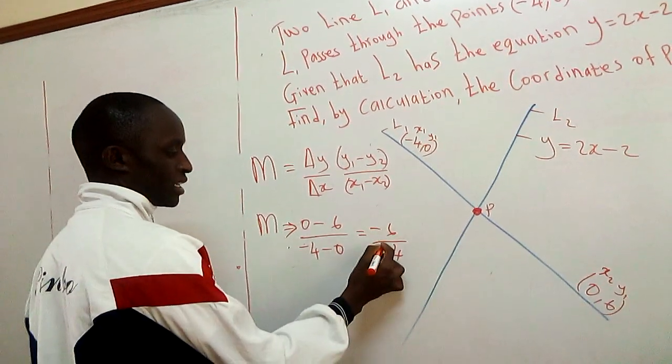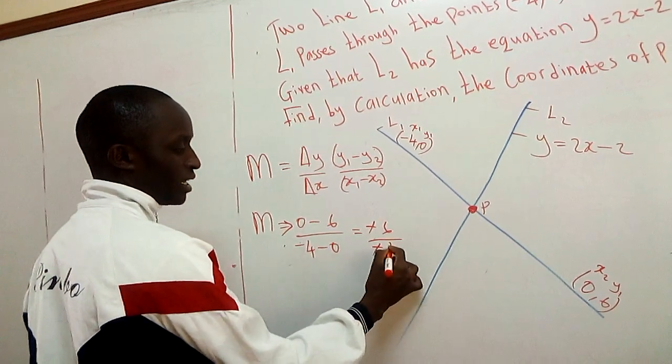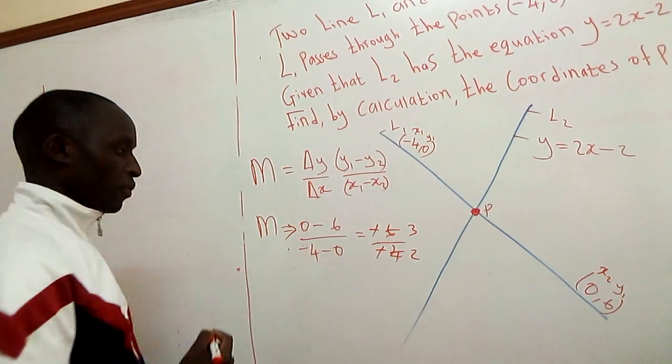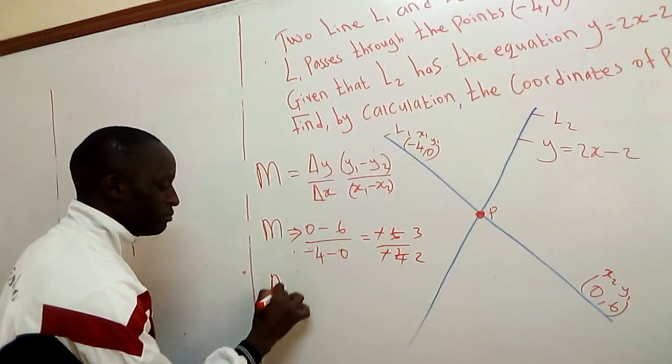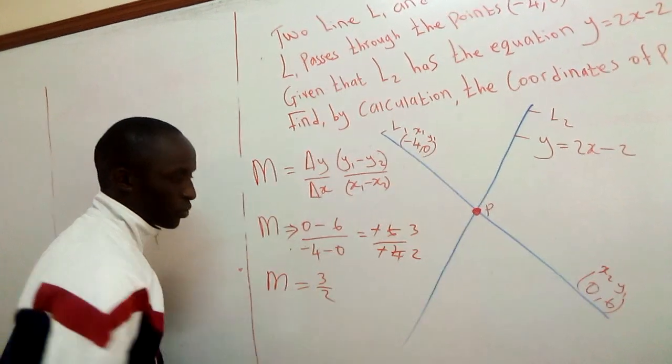From there I can simplify the minus and minus, then divide by 2: 6 by 2 is 3, 4 by 2 is 2. Therefore, learners, m is going to be 3 over 2.